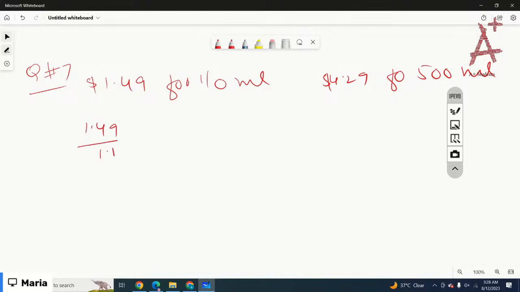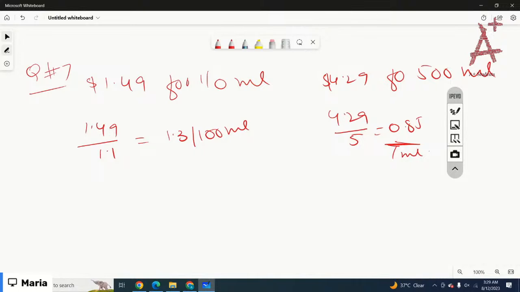Just divide 1.49 by 1.1. It would be 1.3 per 100 ml, right? Same, divide 4.29 by 5. It would be 0.85 per 100 ml. So which is the better buy? This one, because it has a lower rate. So the one that has the lower rate is the better buy, right?